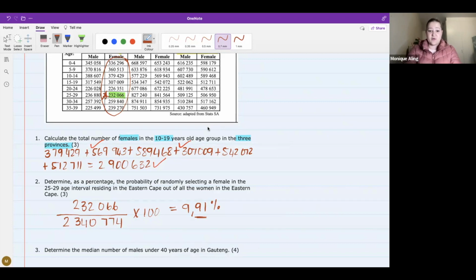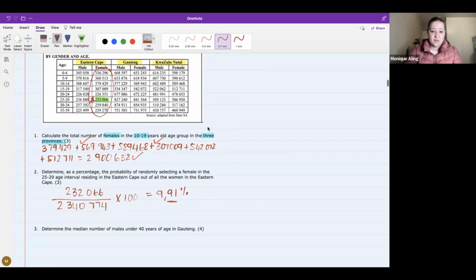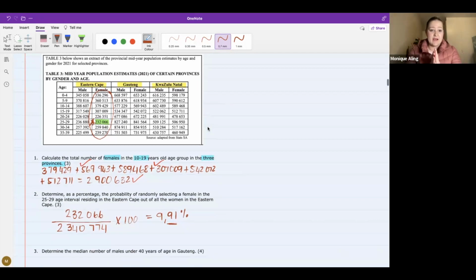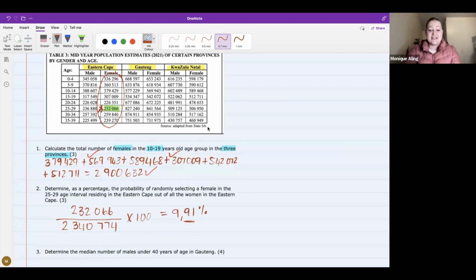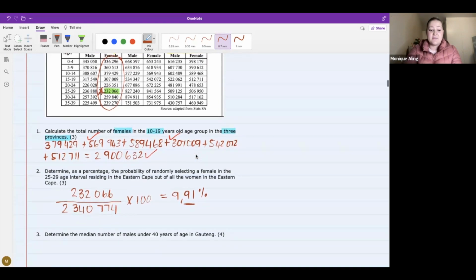The last question relating to our population estimates, Question 3: determine the median number of males under 40 years of age in Gauteng. The median, so our middle number of males under 40 years old in Gauteng.